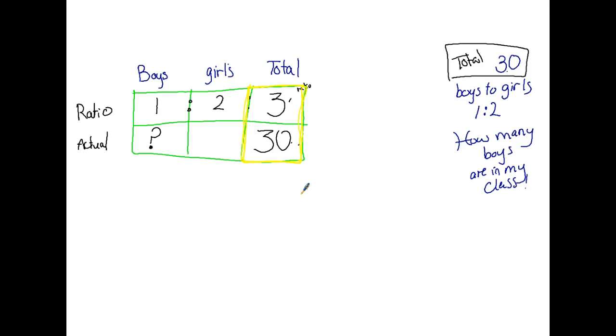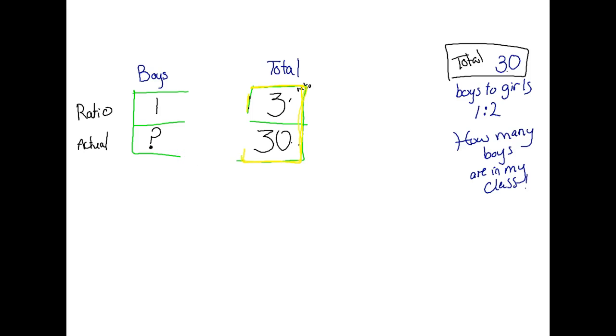I'm going to ignore the column that says girls, because right now I'm only looking for boys. Okay? I'm going to ignore the girls.